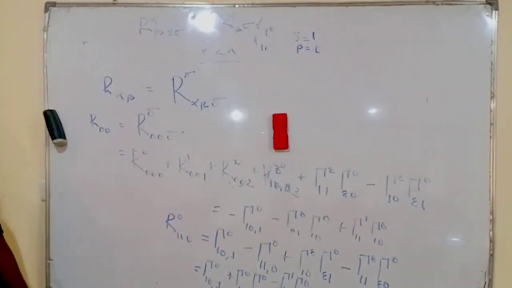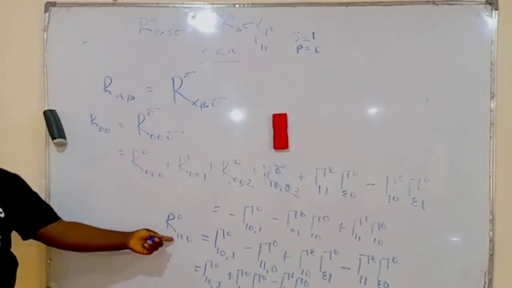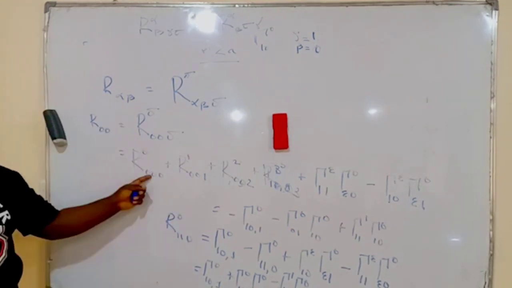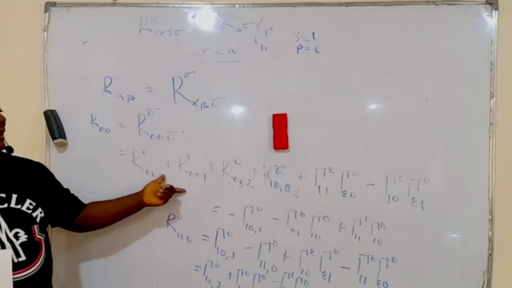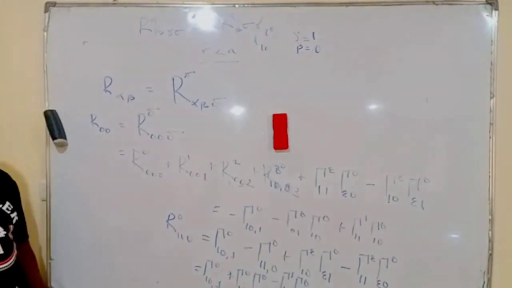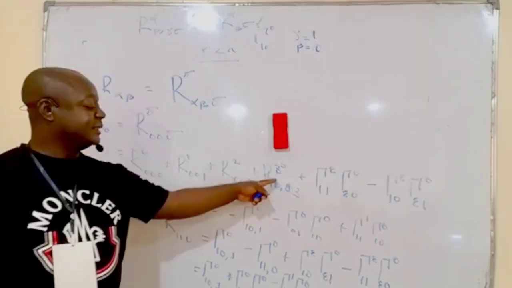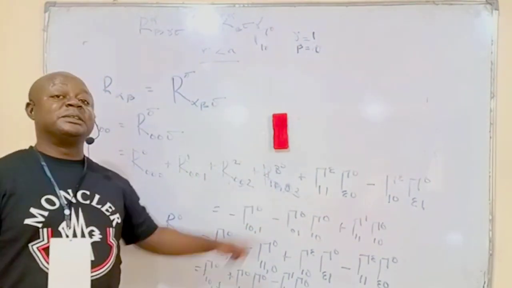Then I will go back to my Riemann-Christoffel tensor and see which of them will survive. Looking at this one, will any of them survive? The last, this one. 1, 2, and 3 will survive.